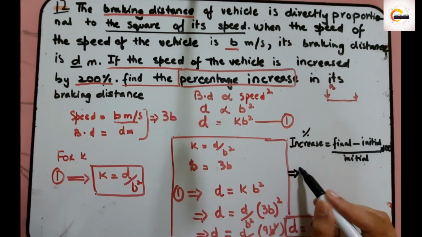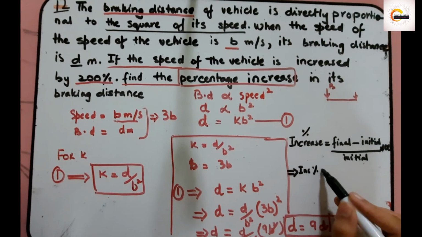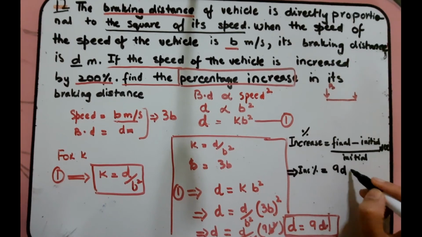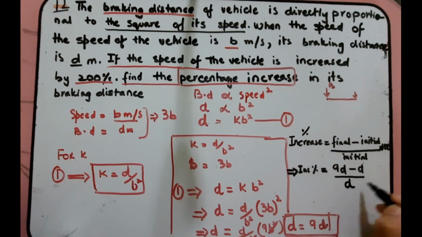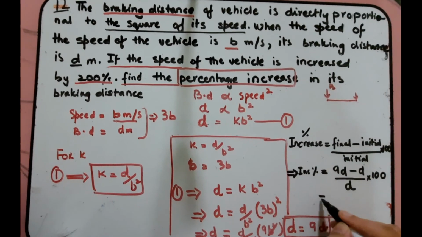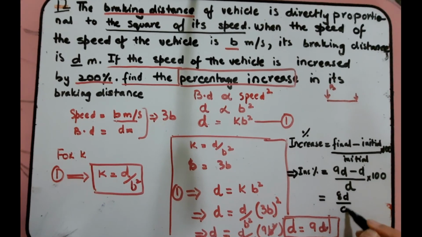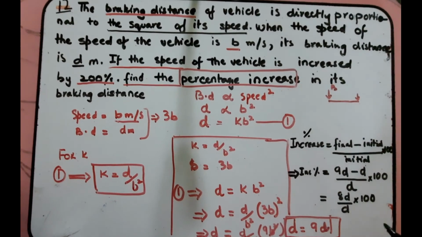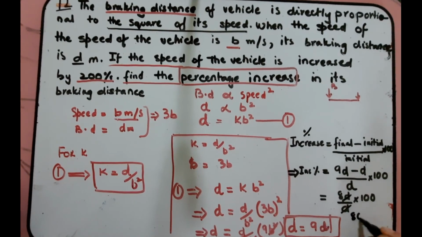So the percentage increase is, basically, the final value 9d minus d upon d. We will convert it into percentage. It's going to be 8d upon d multiplied by 100. That is 800%.